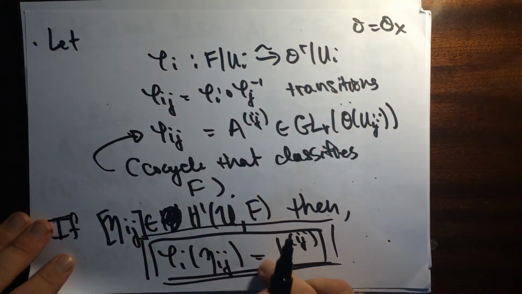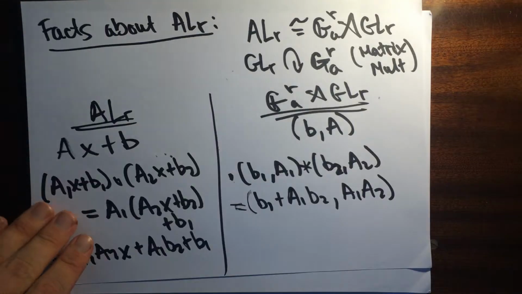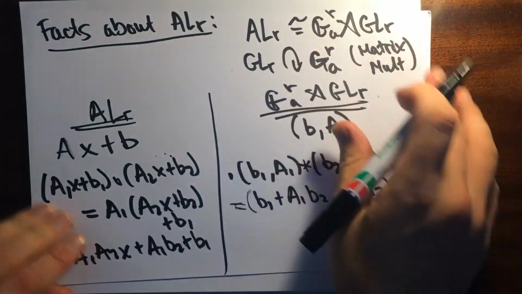This thing is what we wanted to investigate. Let me just write out what a cocycle condition looks like for a semi-direct product. So the cocycle condition for semi-direct products.